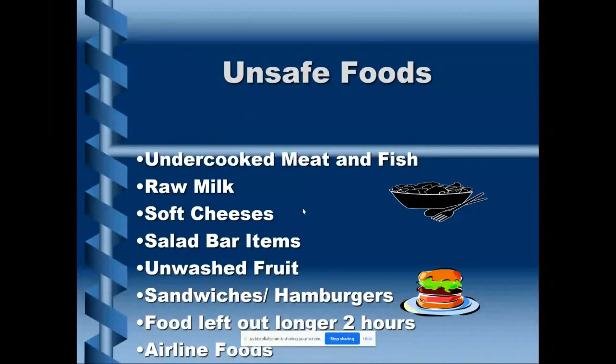I have some other items up here for you. Why do you think salad bar items would be a higher risk food? Because there's a lot of movement and it's cold. What do you mean movement? Like when people walk around the food bars and they're not really completely closed.